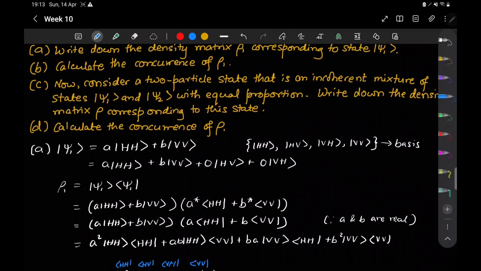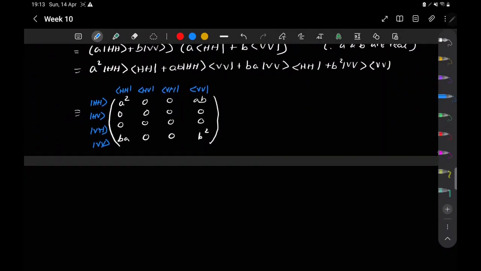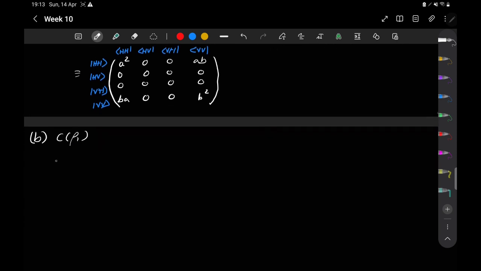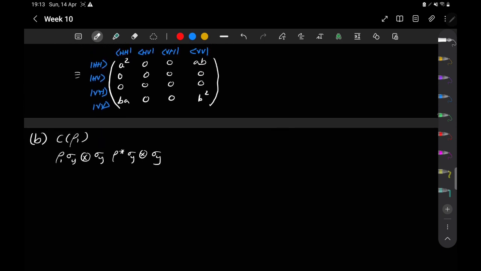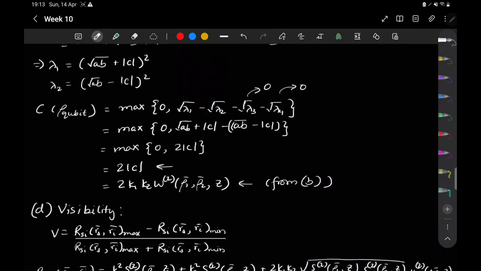Next part, we have to calculate the concurrence of this state. So we need to find out C of rho 1. For that, first we need to find out this particular matrix. And this matrix we had already seen from last week.